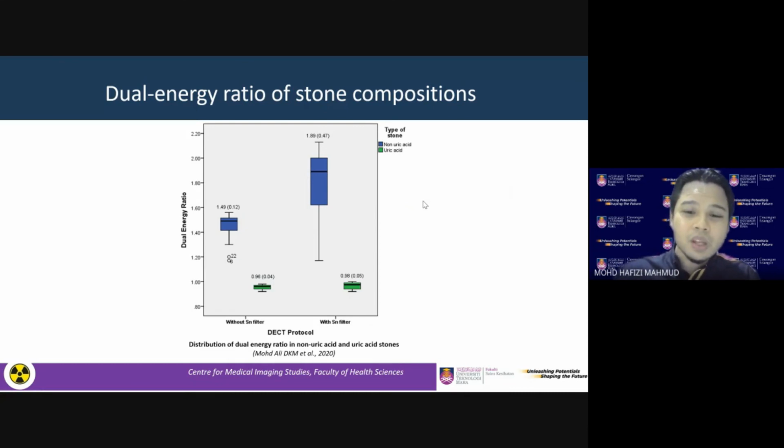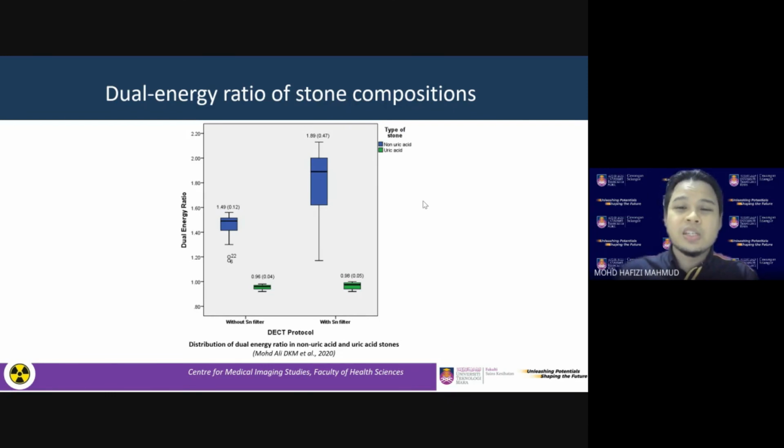In our study, we applied thin filtration. On the left is the result without filter, and on the right side is with filter. For uric acid, the results are almost similar without filter and with filter.